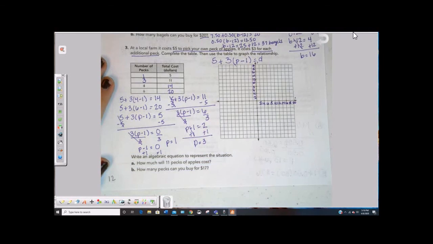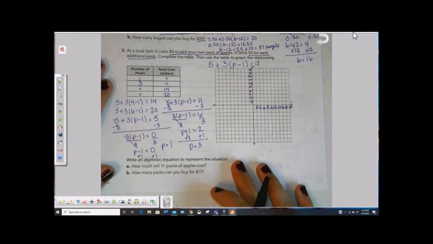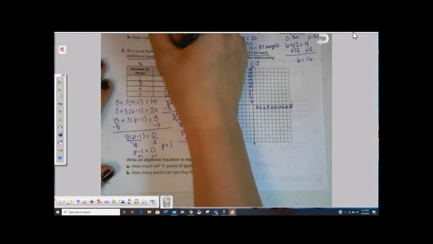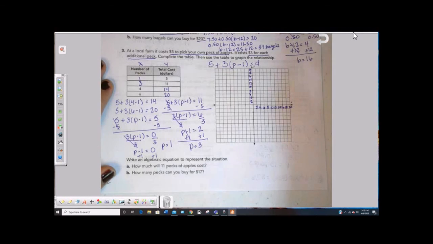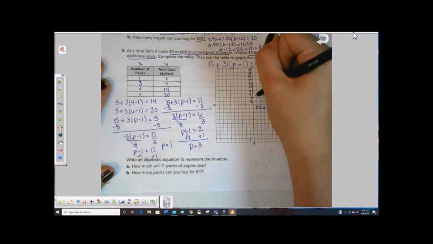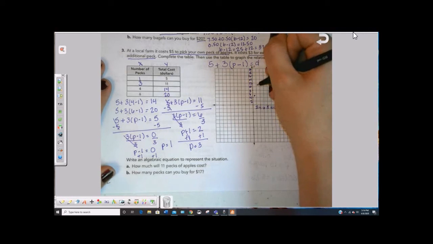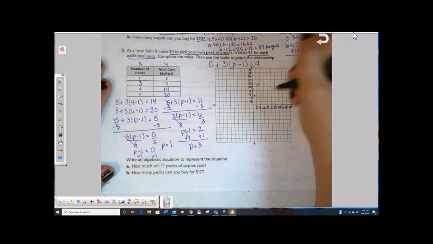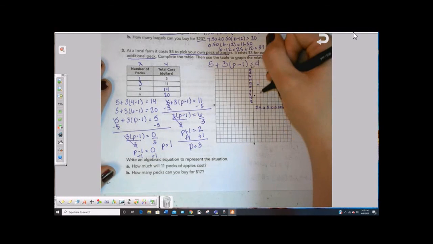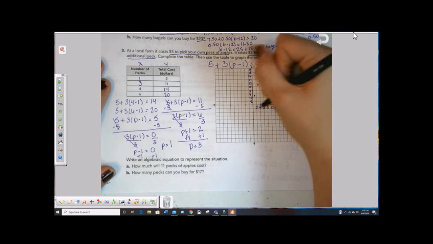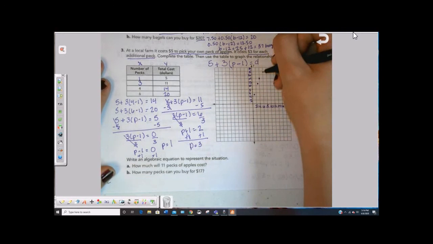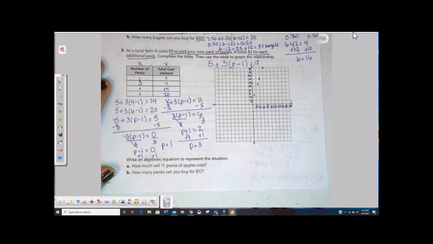All right, so my first point is, and if you need this, X and Y. My first point is 1, 5. Then 3, 11. 4, 14. And then 6, 20.